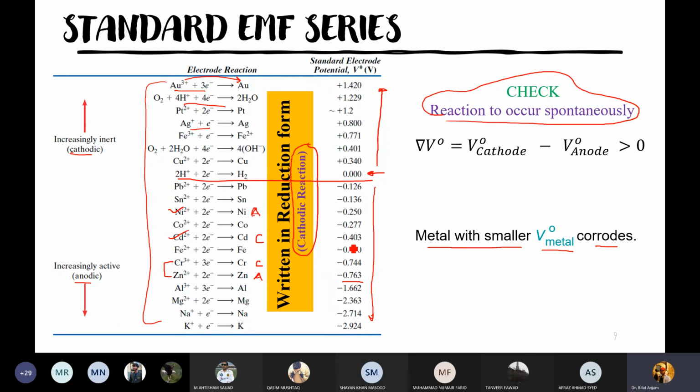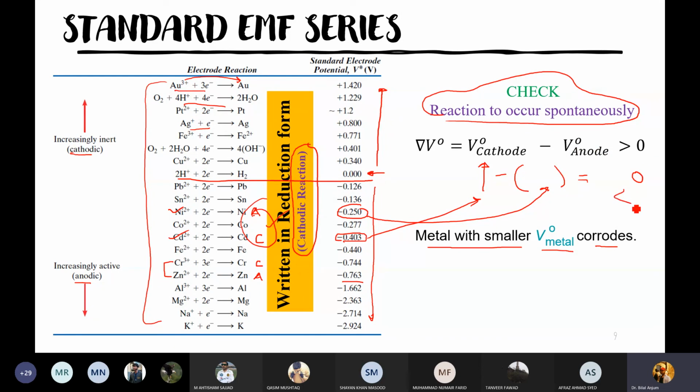So I'll take the standard potential of the cathode minus the potential of the anode. I'll have this figure over here and this in the bracket, and whatever the answer comes, if it is greater than 0, that means your assumption was correct.